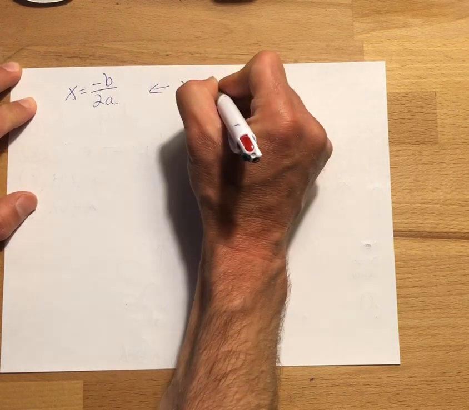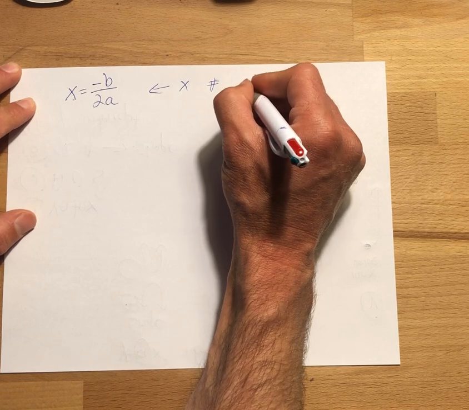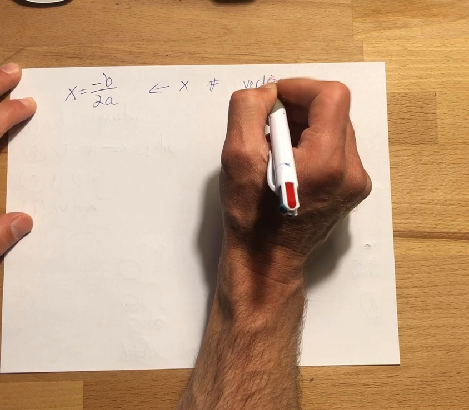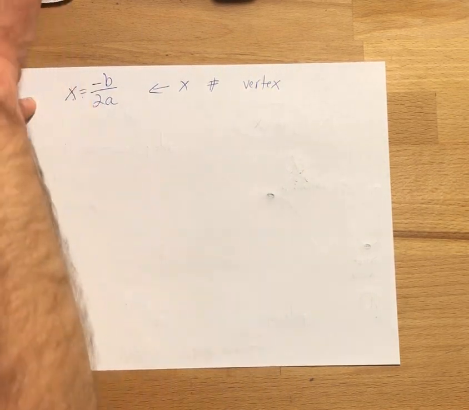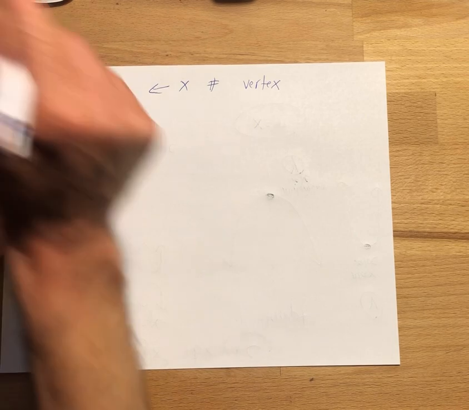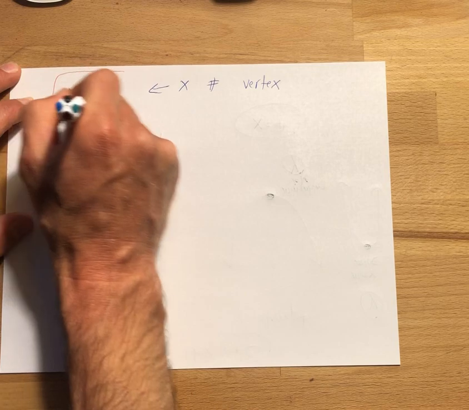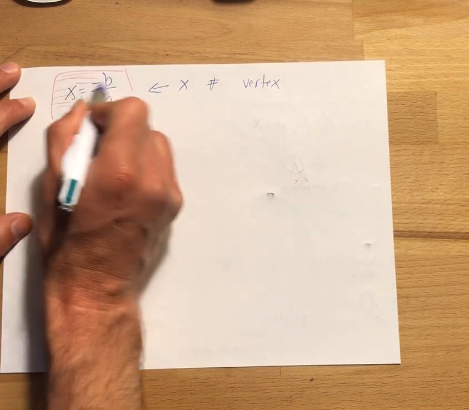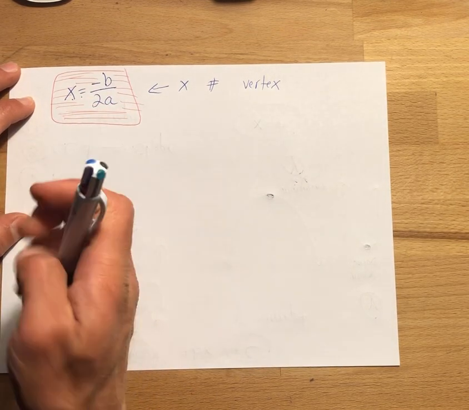This is your x number in your vertex. In the notes, it's boxed like this, a big pink box. This is the main formula that you need to know to find your x number for your vertex. And then we have an example.